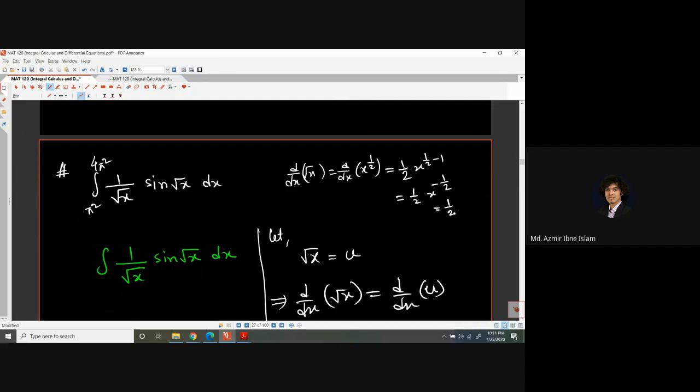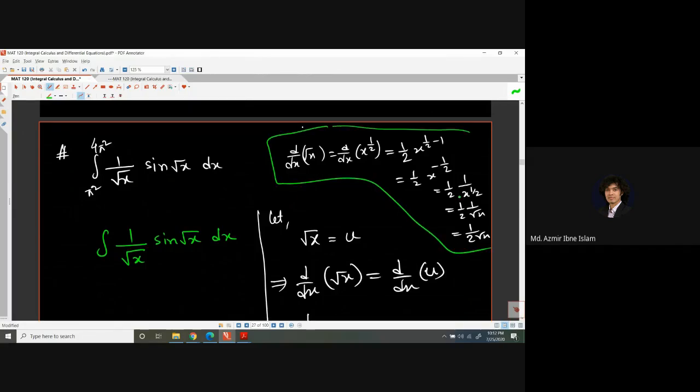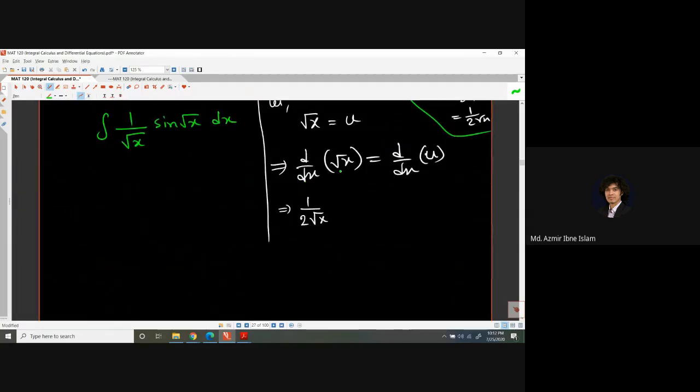So we get 1/2 times 1 over x^(1/2), and finally 1/2 times 1 over root x, so 1 over 2 root x. So the derivative of root x is actually 1 over 2 root x. That's why I directly wrote that the derivative of root x is equal to 1 over 2 root x.